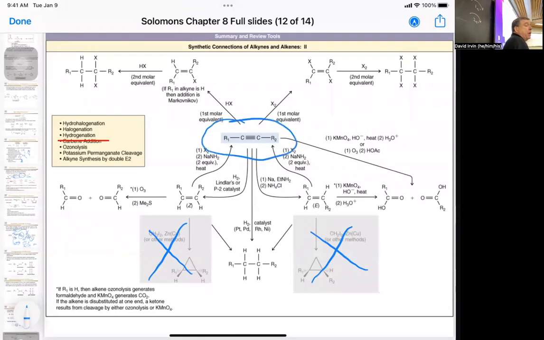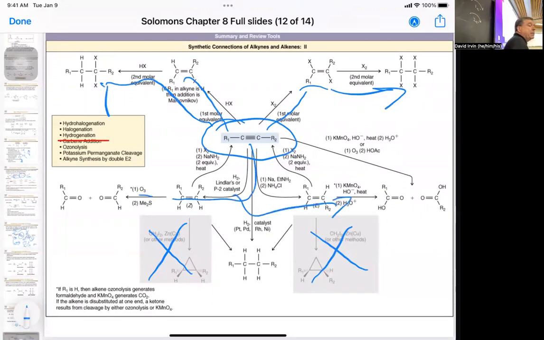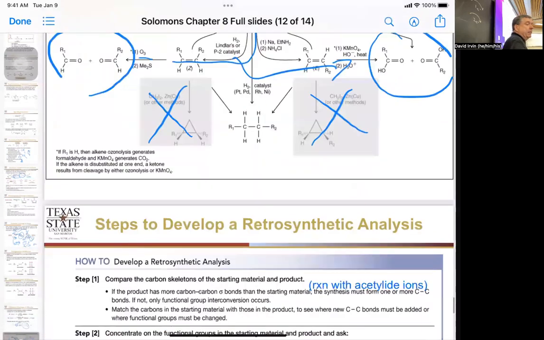We're starting with an alkyne, and we can get to different alkenes, we can go to different alkanes. We can reduce these down and turn them into E and Z products depending on which reagent we use. And we can go to carboxylic acids, aldehydes and ketones. So this is kind of the summary of that.